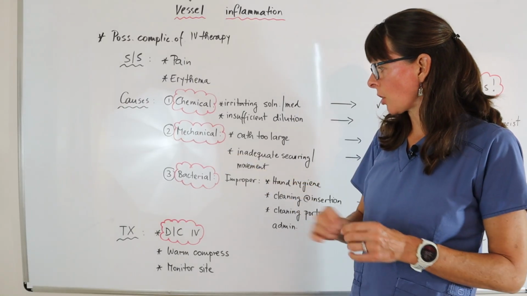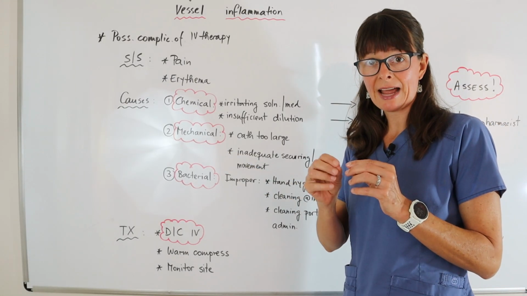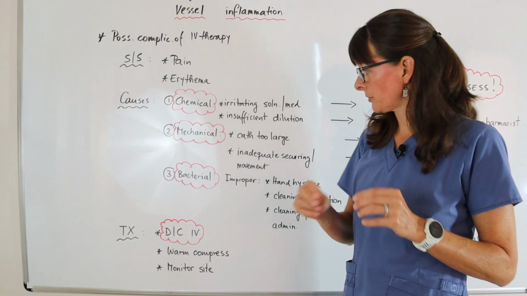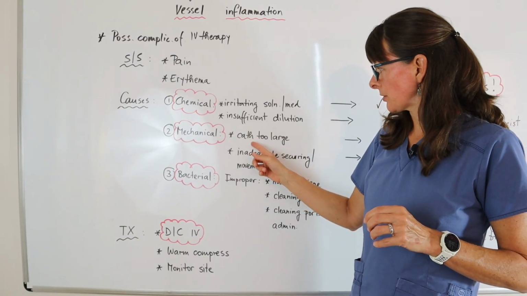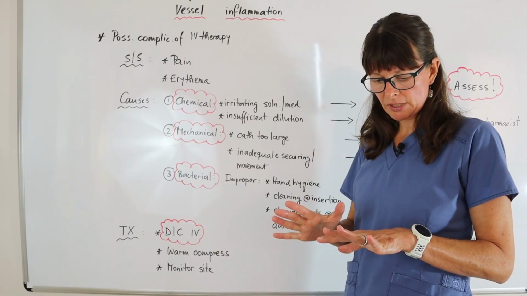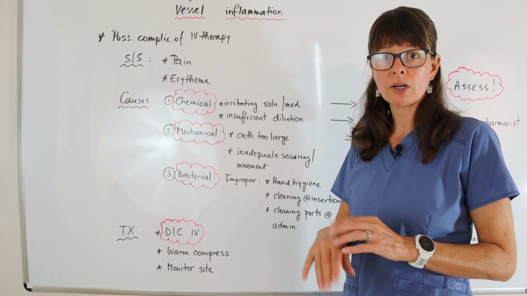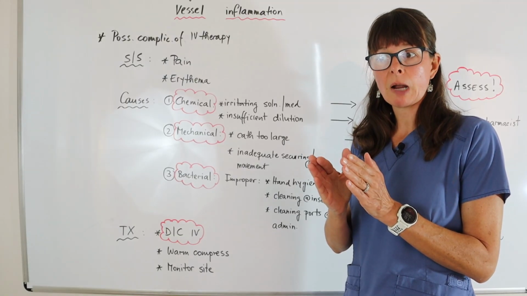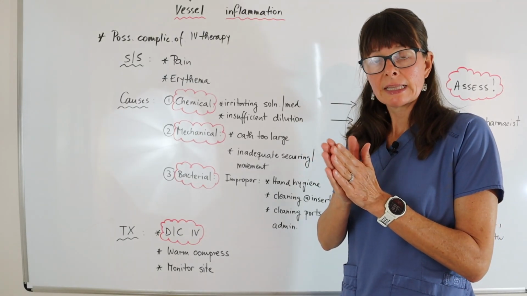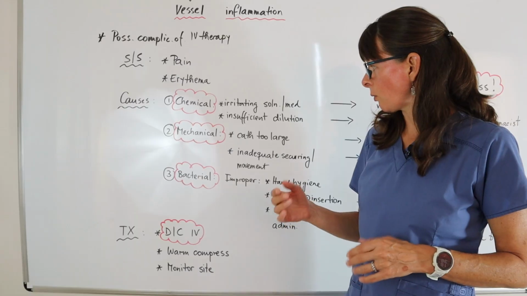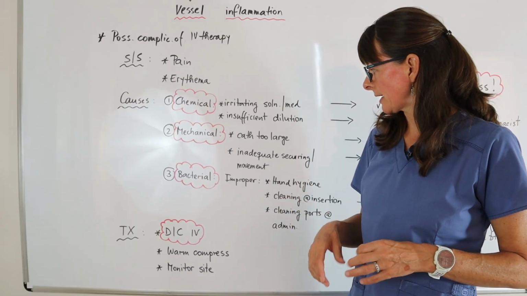Mechanical causes are always related to the catheter, so the movement of the catheter. And if the catheter is too large, so if you select a small hand vein, for example, and put an IV catheter in there that is just too large to accommodate that, it'll irritate the inside of that vessel wall and then cause some phlebitis.